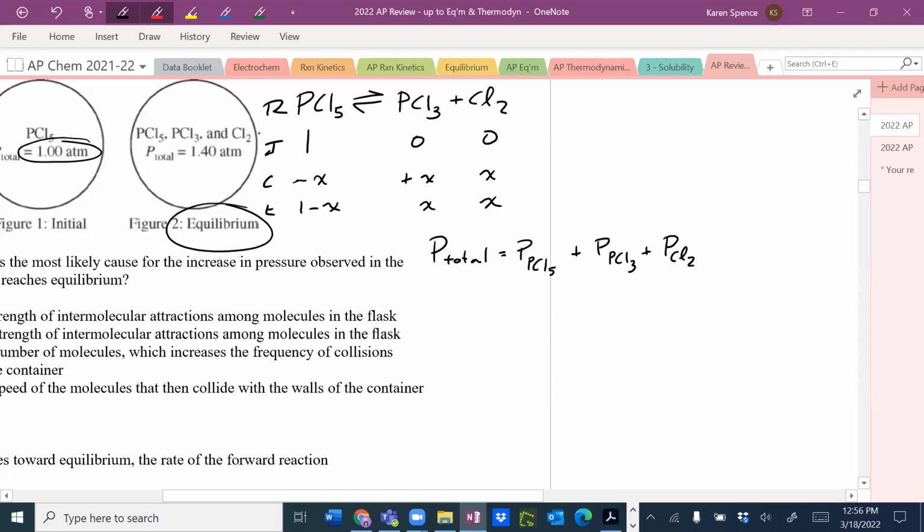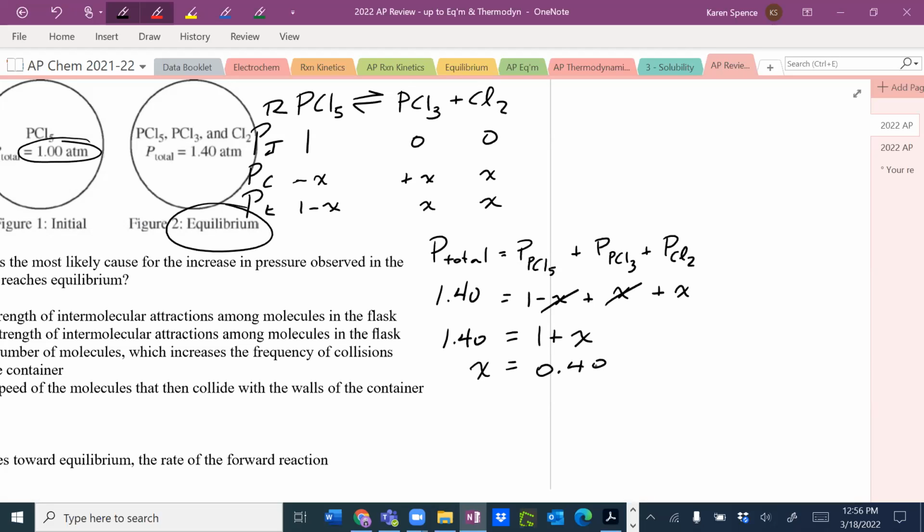Our equilibrium pressures are 1 minus X for PCl5, X for PCl3 and X for Cl2, and the total pressure is 1.40. So now we just do some simple algebra. These 2 cancel out. So we have 1 plus X equals 1.40. And so X is equal to 0.40. All right, does that make sense?